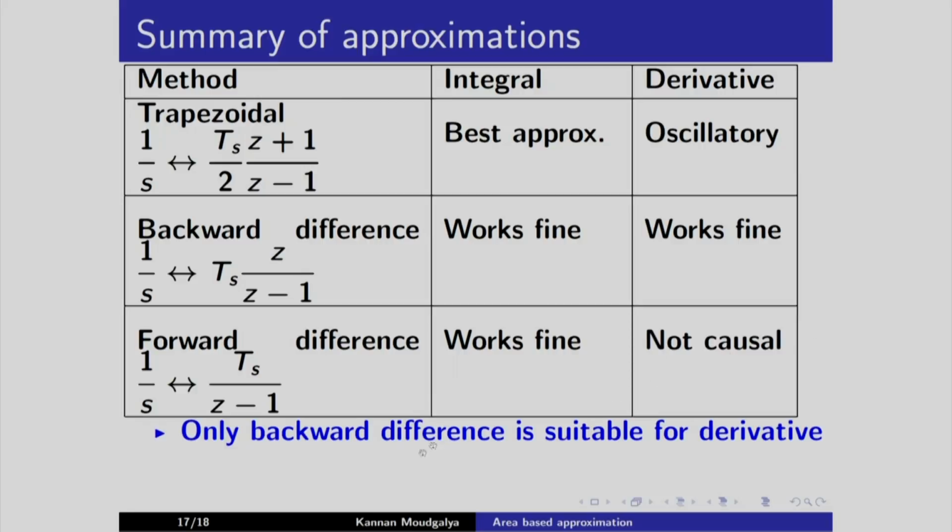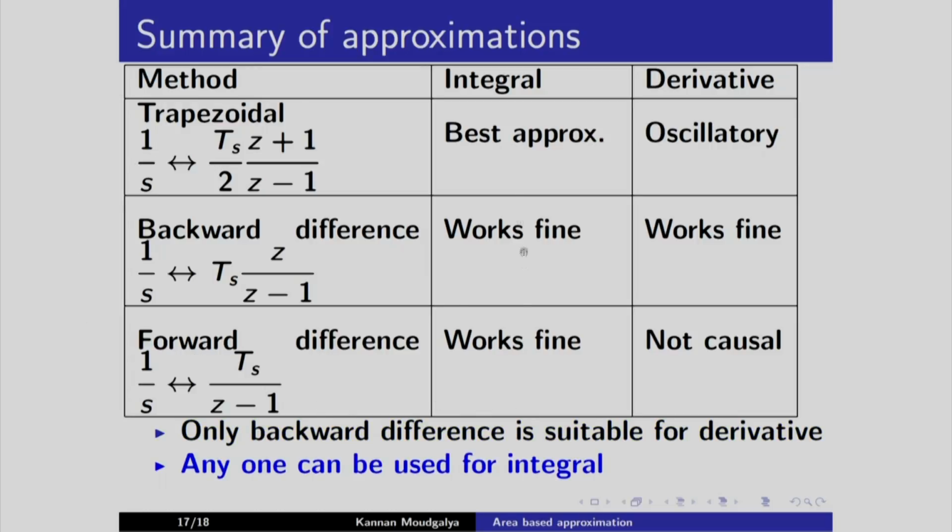So we conclude that only the backward difference is suitable for derivative because here we got oscillatory response, here we got unimplementable form. This is the only thing that works for derivative mode, which is the backward difference method amongst the three methods we considered here.